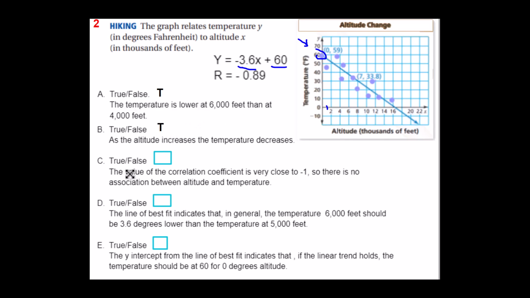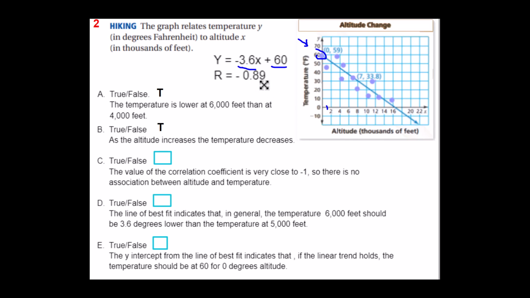C, true or false? The value of the correlation coefficient is very close to -1. So let's look at the correlation coefficient. That's going to be R. R is -0.89. So that's close to, if this were -0.5, it would be really hard to tell. There would be a loose correlation. If it were 0, there'd be no correlation.